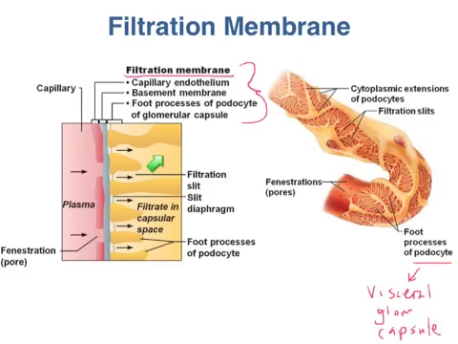But not everything goes through. This is a filtration process, right? So some things stay in the capillary, and only some things make it across this barrier, across the filtration membrane, into the capsular space. So although the endothelium and the podocytes are very porous, things that are protein-sized or bigger don't cross, right?